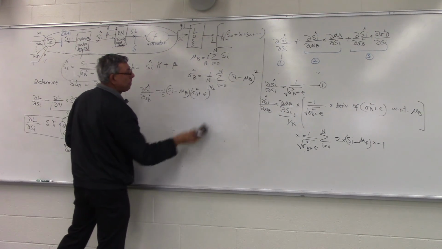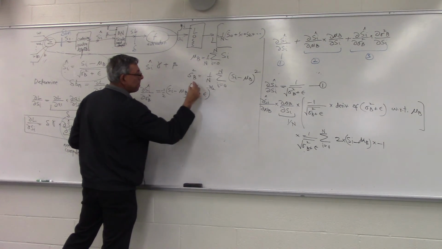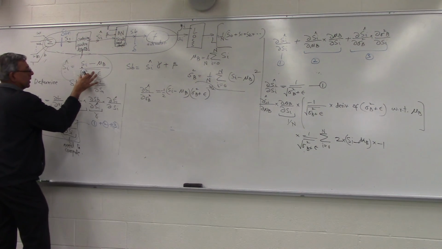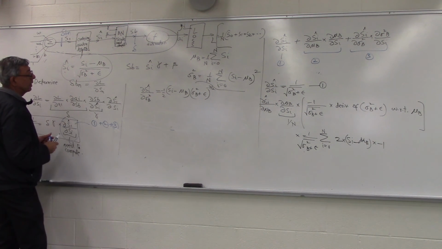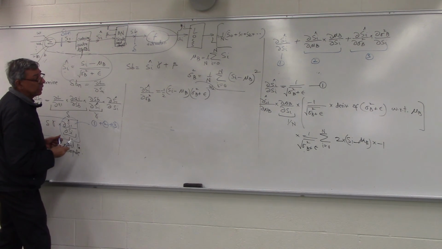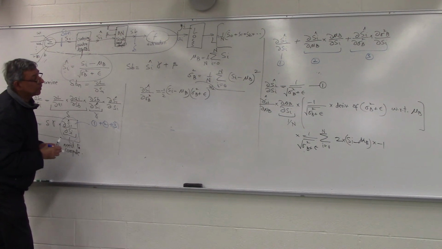Am I right? Because this is to the power negative half, so the derivative with respect to sigma square B gives negative 3 over 2.